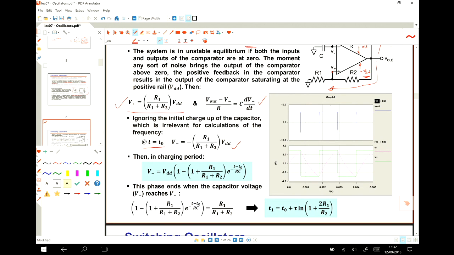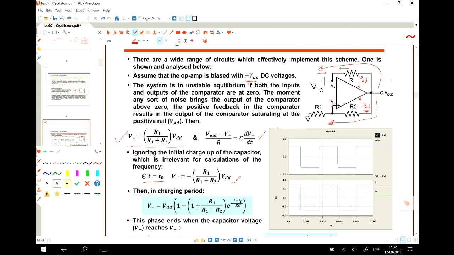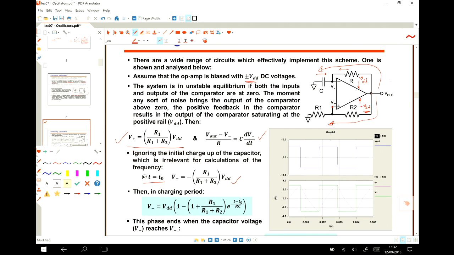I mean the capacitor is fully discharged, and then we are going to the charging period. So when we are going to the charging period, the output is stable at minus VDD. And after the charging period, the output is stable at plus VDD. So assume that we are starting a charging period.